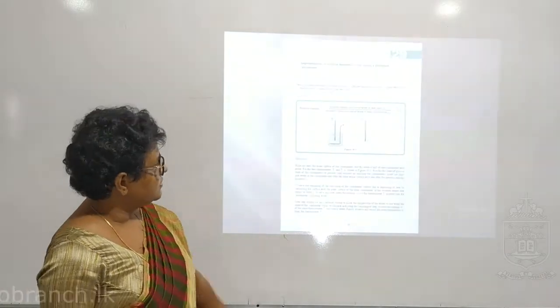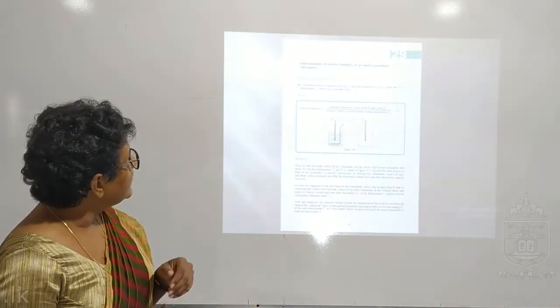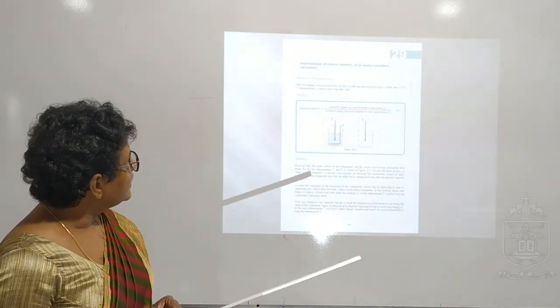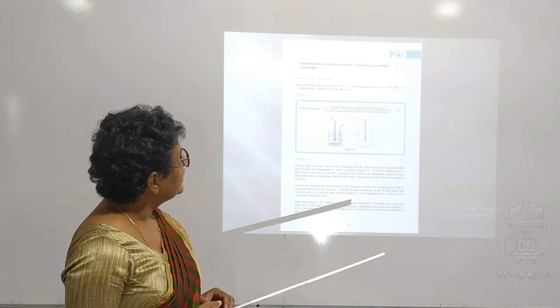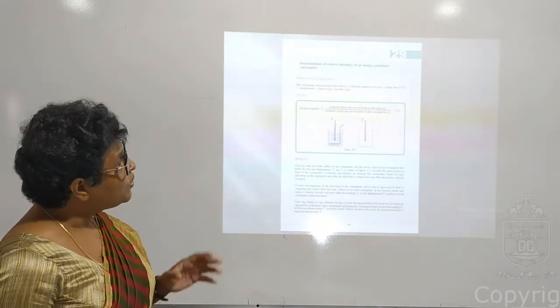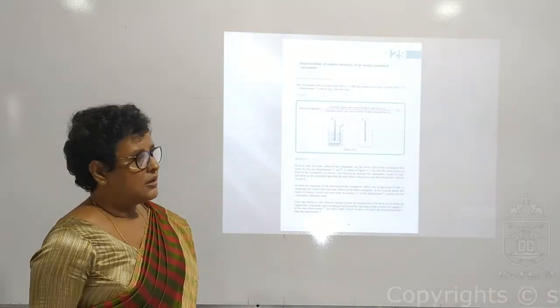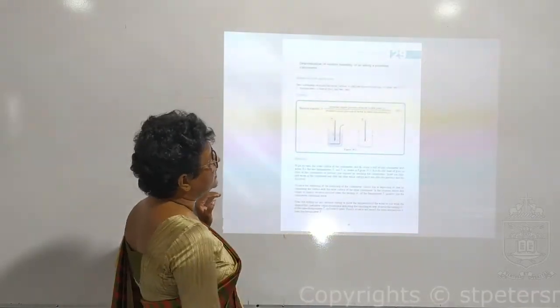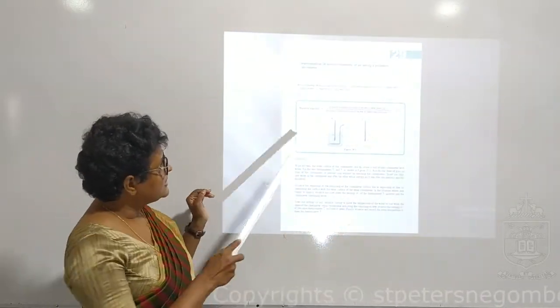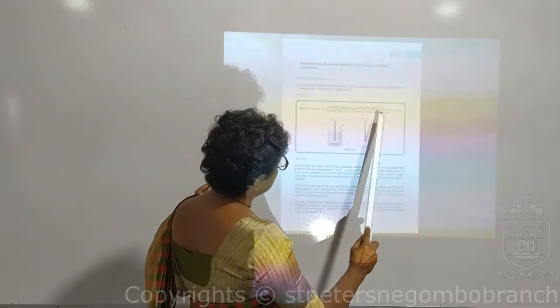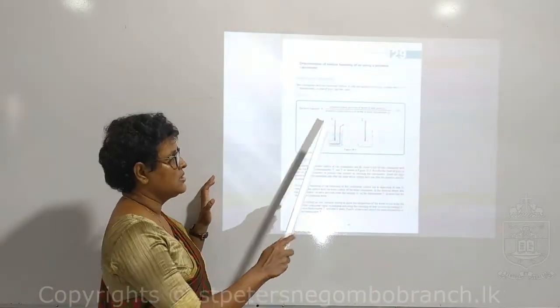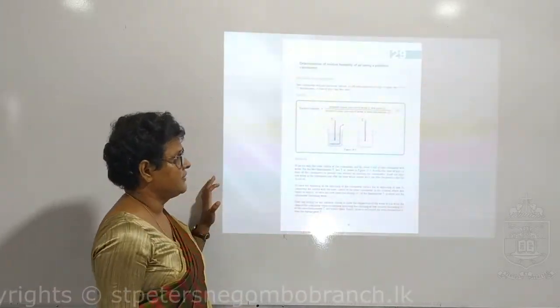Now, this is also practical, to find the relative humidity using a polished calorimeter. Right? We need these apparatus. This is the equation. There are lots of definitions. We are using this definition.